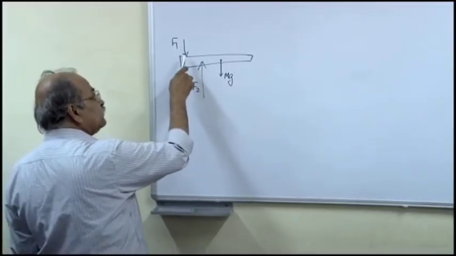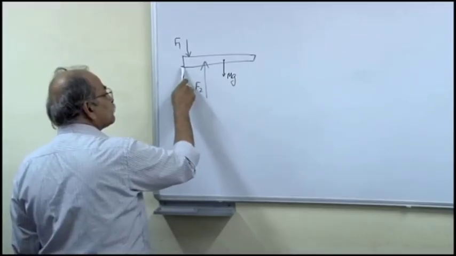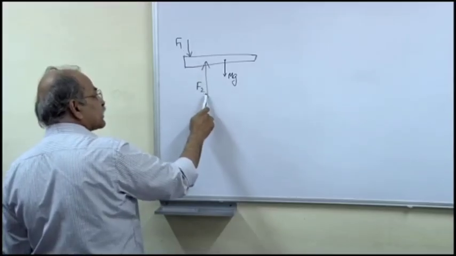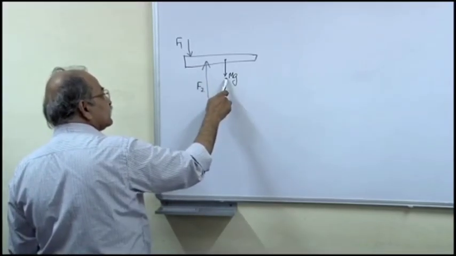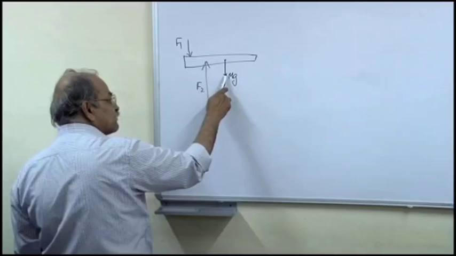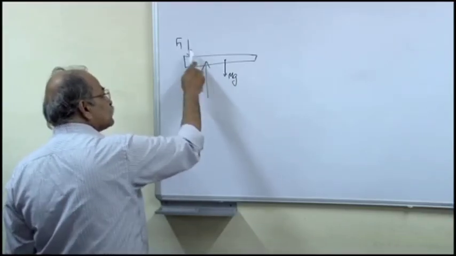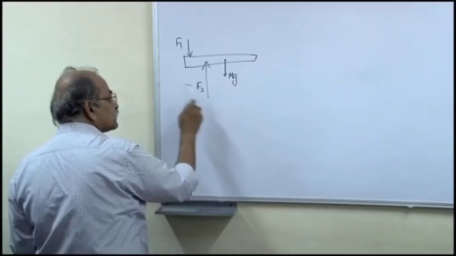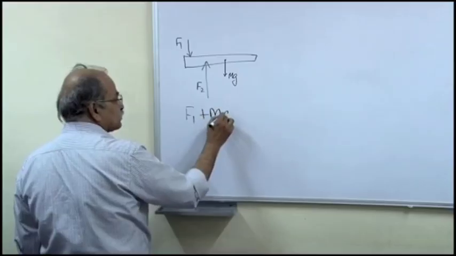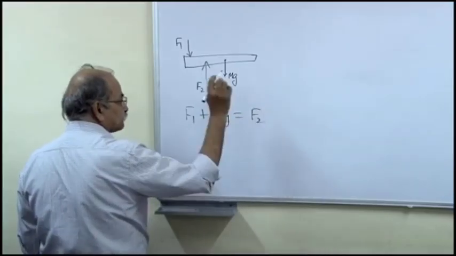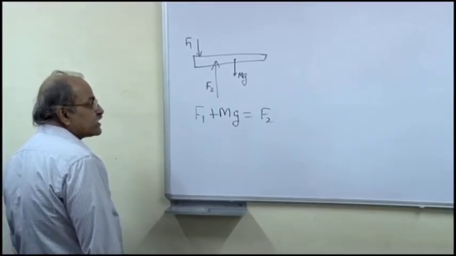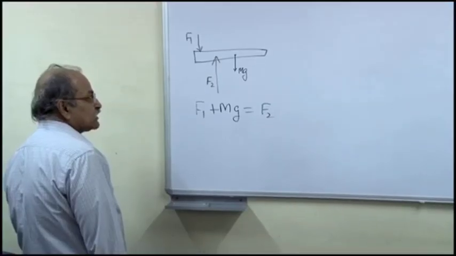You are pressing the pen using this thumb, that is downward, and then using this finger you are pressing it upward, and the weight. So the downward force F1 by the thumb and the downward force mg by gravity will act together to balance this F2. So what can you write? F1 plus mg equal to F2. So that takes care of translational equilibrium. It is not going up, it is not going down.